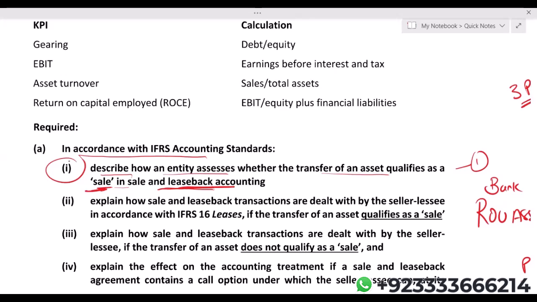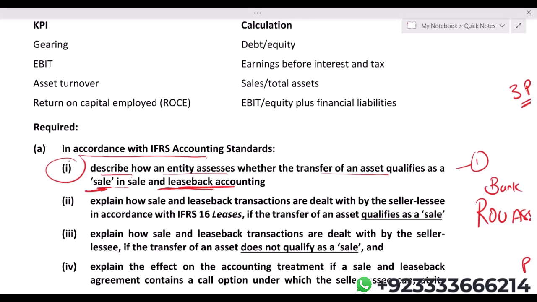And how do I know that, being a seller, I have fulfilled my performance obligations? Basically, when the control of the asset is transferred to the customer, then we say that you have fulfilled your performance obligation. And when the performance obligation is satisfied, then your sale is treated as a sale.